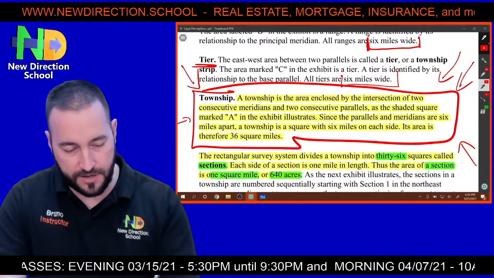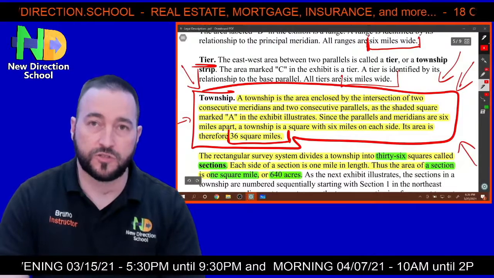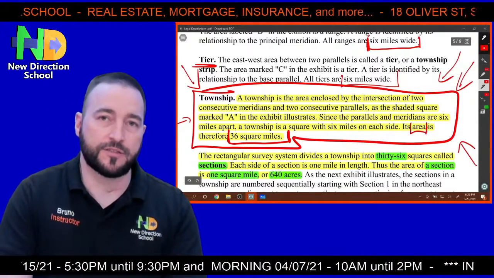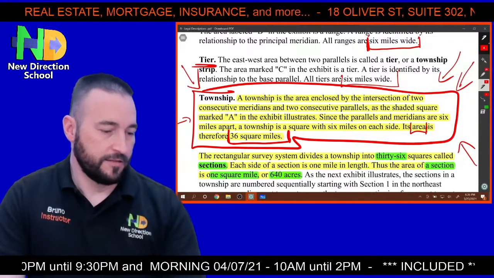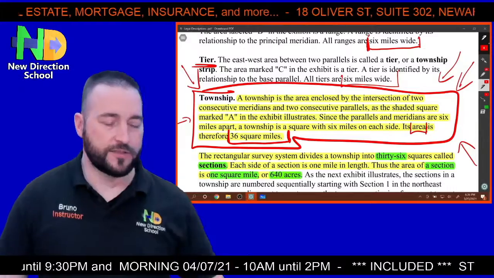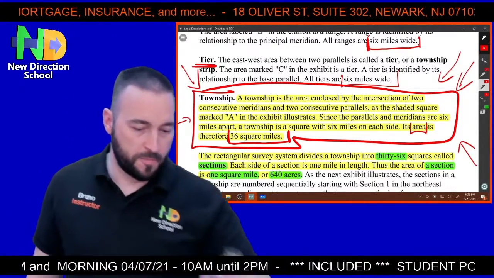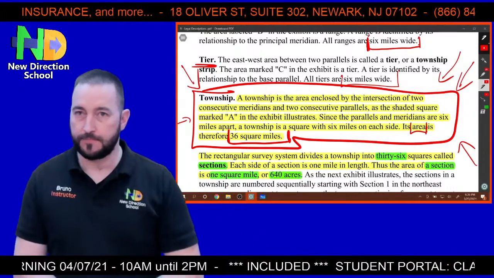Therefore, the area of a township is 36 square miles. Remember that. The area of a township is 36 square miles. Good?